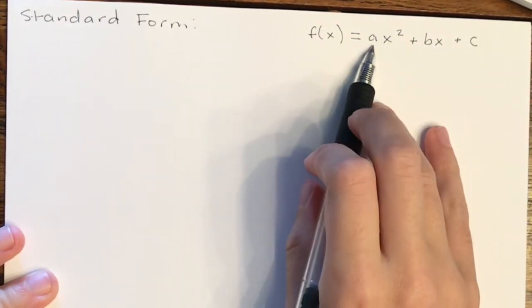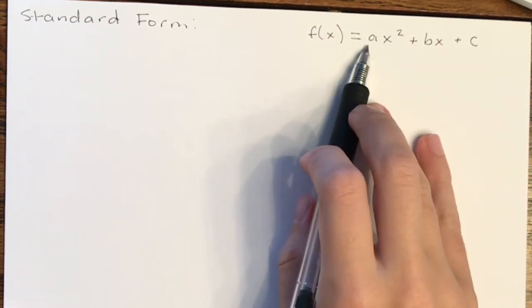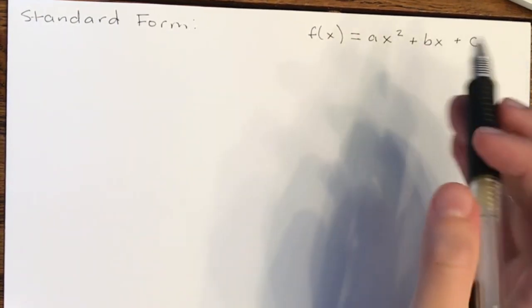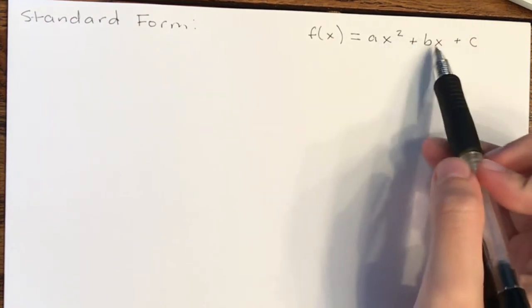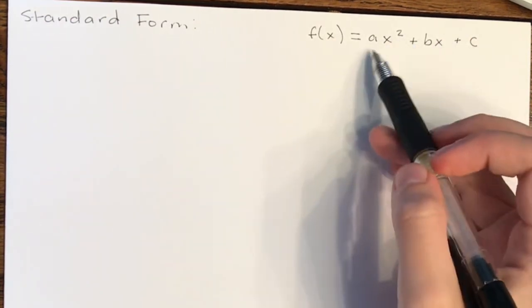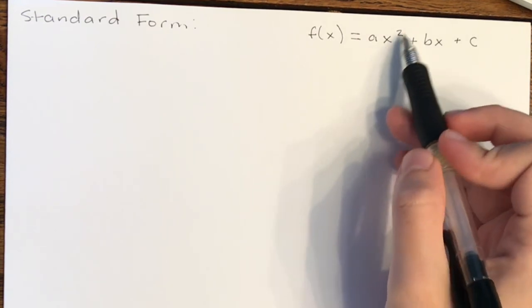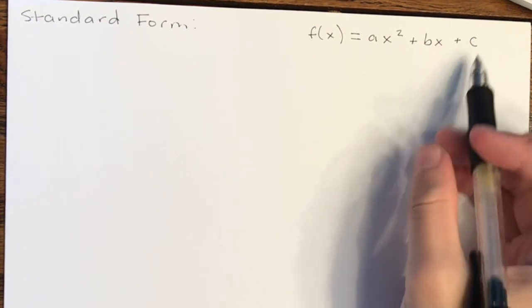If you'll recall from polynomials, in the generic polynomial form, we had a sub n and a sub n minus 1, all the way down to a sub 1 and a sub 0. Here, we can just use a, b, c because we know that there's going to be at most 3. A is attached to the x squared term, B is attached to the x term, and C is the constant.